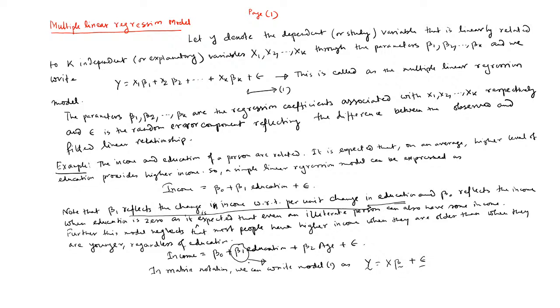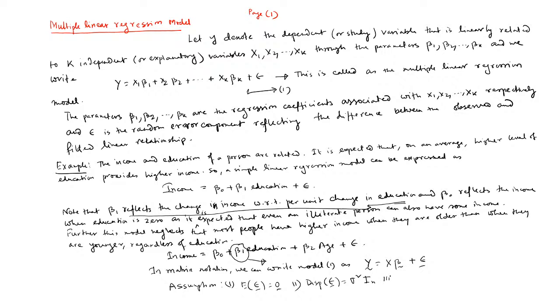Okay. Here we assume the following. Assumption 1: expectation of epsilon curl equal to 0 curl. Assumption 2: dispersion of epsilon curl is equal to sigma square I, which means constant variance and errors are uncorrelated.